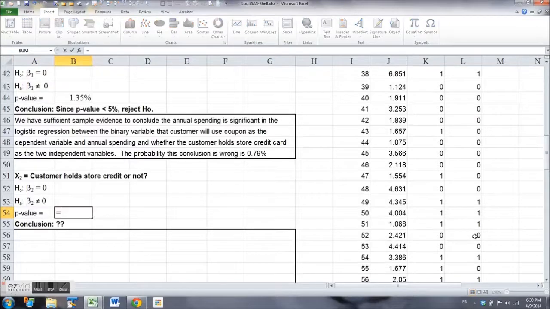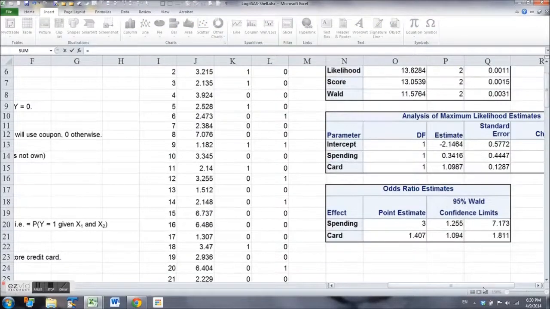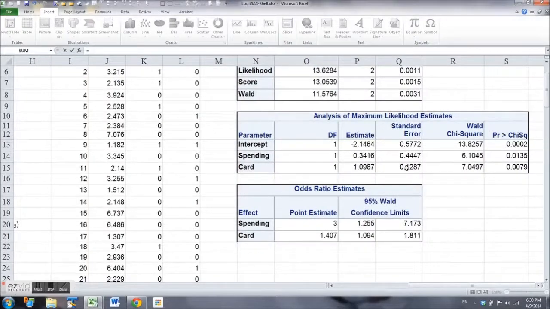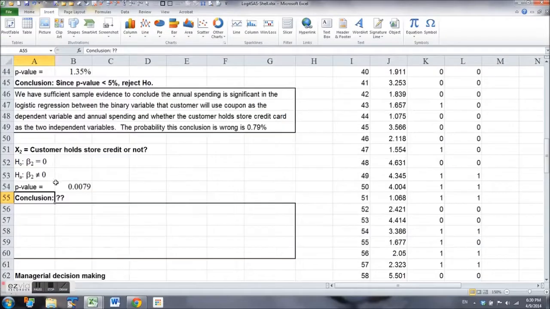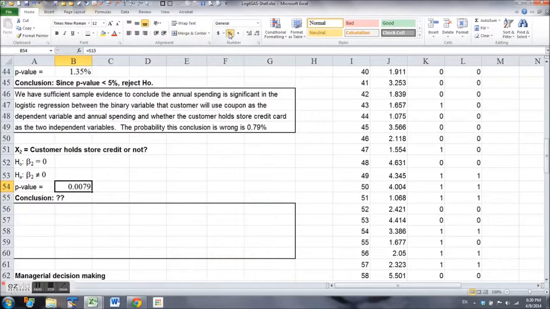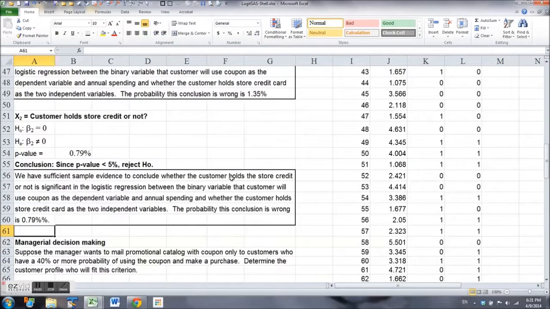And the p-value for this variable comes from the SAS output, which is credit card. And since this is also less than 5%, we will reject the null hypothesis. So the interpretation is that whether the customer holds a credit card or not is a significant factor.